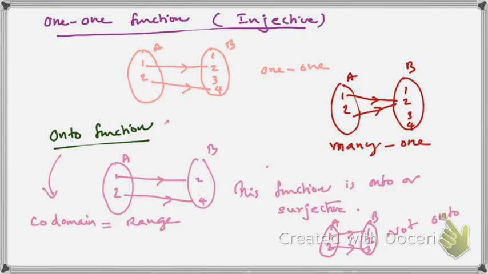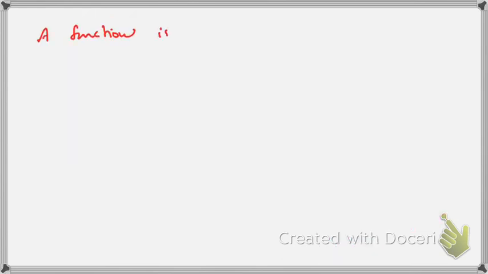One main check is that the codomain and range must be the same for a function to be surjective or onto. Now if there is a function which is both injective and surjective, like the case I have shown, both one to one and onto, then it's called a bijective function.